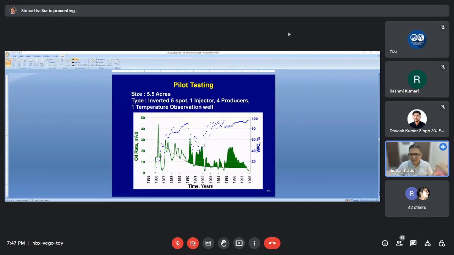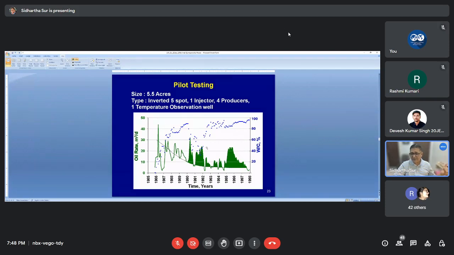So this was the pilot. You can see very clearly water cut came down to 40%, and for a significant period of time, 2 years. It's no joke. This is no simulation. This is no laboratory. This is field.